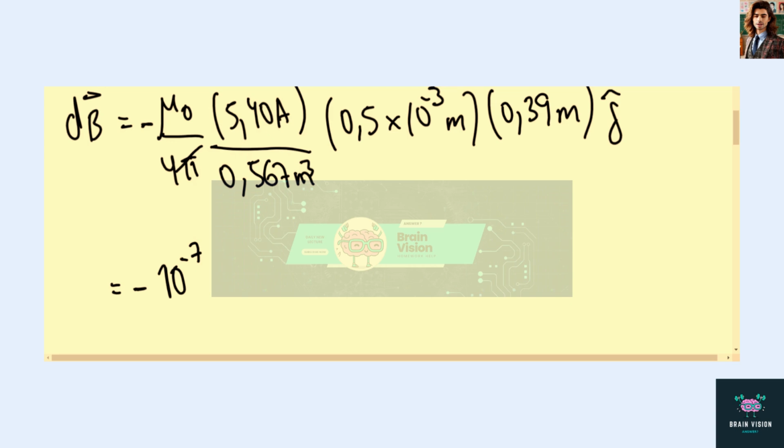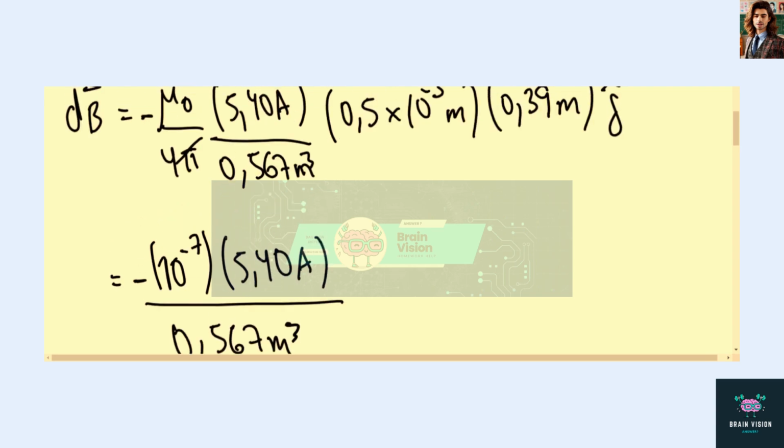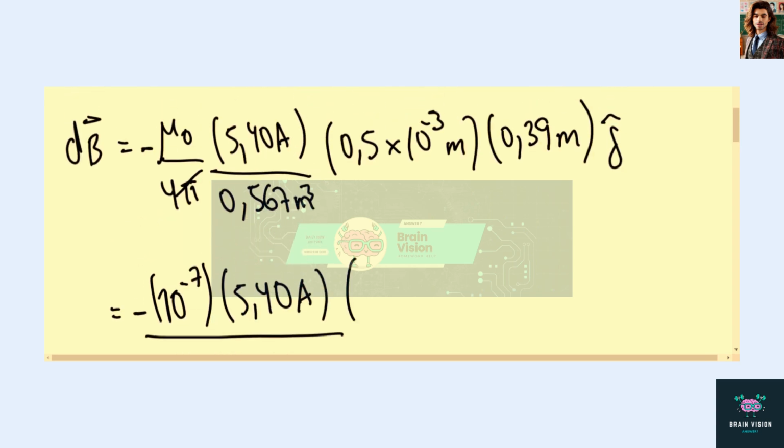Let me correct that. Okay, and we will have the other terms. So we'll have 5.40 amperes over 0.567 meters cube, and we will have that product too.